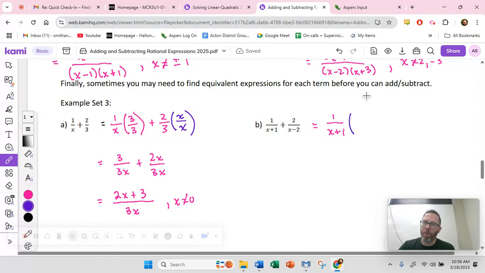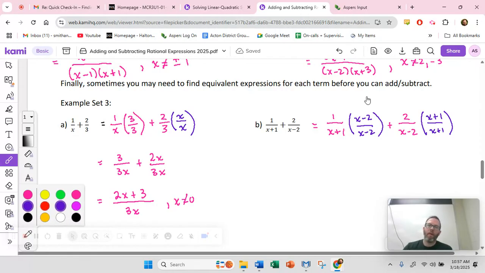We can multiply the first guy by x minus 2 over x minus 2, plus 2 over x minus 2. The second guy needs an x plus 1 on the bottom. So I'll multiply the top by x plus 1 and the bottom by x plus 1. And the rest is just kind of grade 9 math. It's just collecting like terms and using the distributive law.